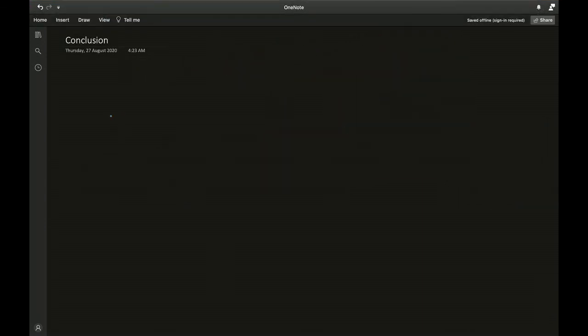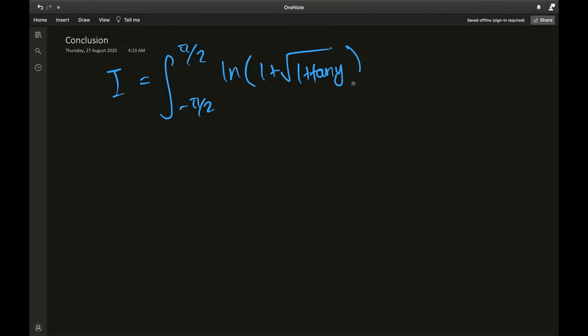Okay, so to basically conclude things, we started off with this integral I, which was from negative pi over 2 to positive pi over 2 of natural log of 1 plus square root of 1 plus tangent of y dy, and that in the end just became pi times z, which was the natural log expression.